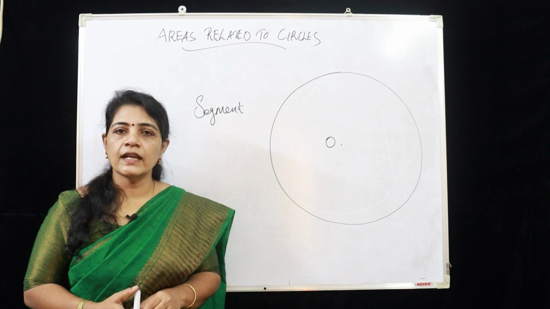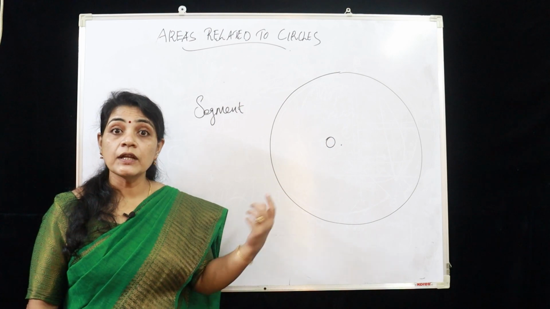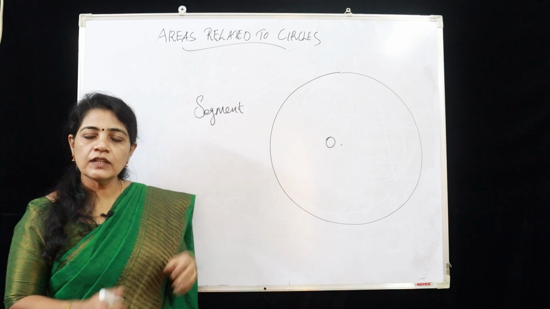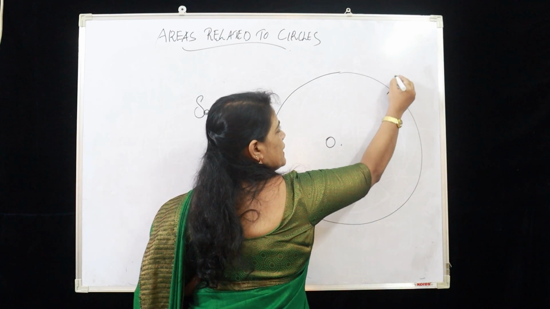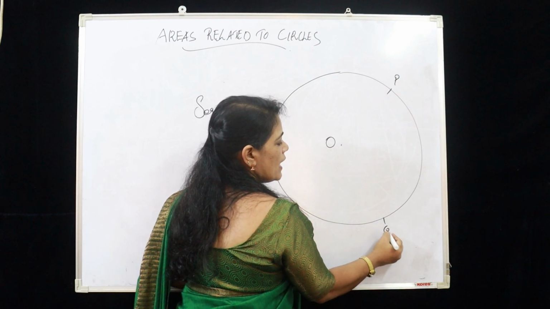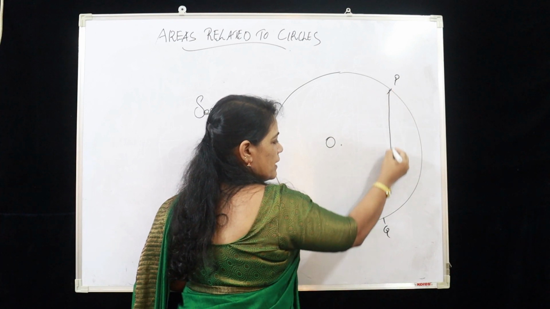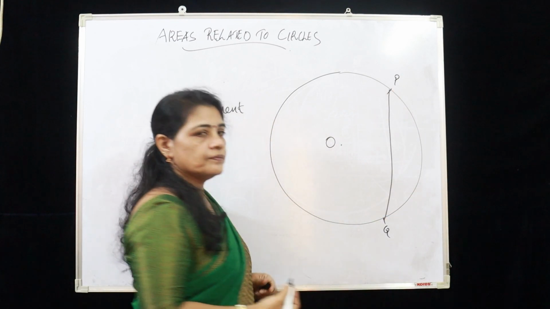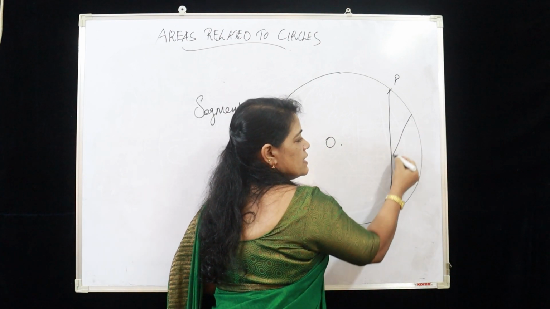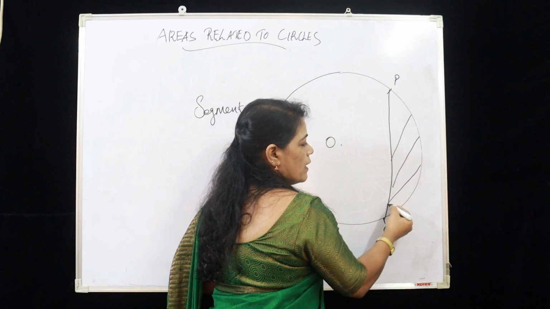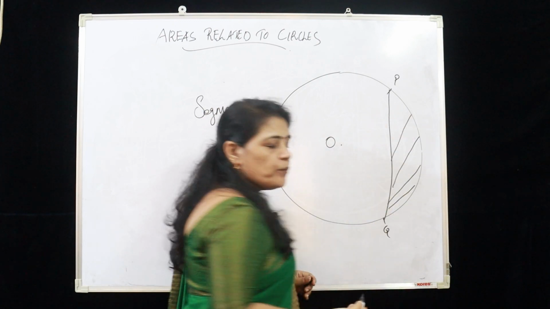Another term related to circle is the segment of a circle. For that, I am going to mark 2 points on the circle. Let them be P and Q. And I am joining them by a line segment. Okay, here I am marking this region enclosed by the chord PQ.